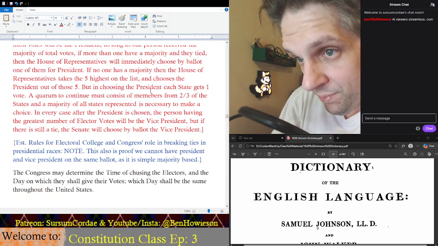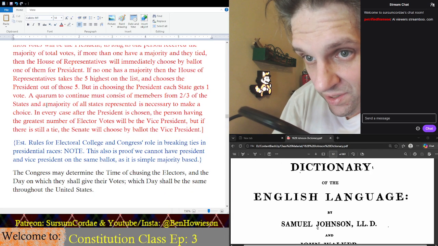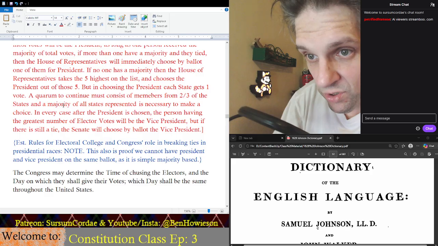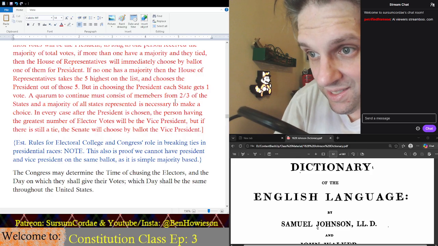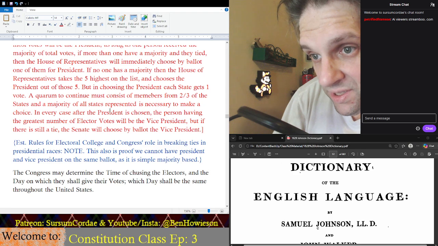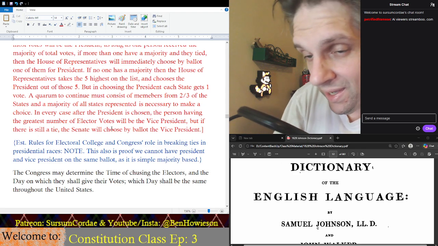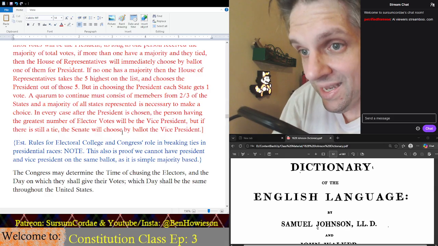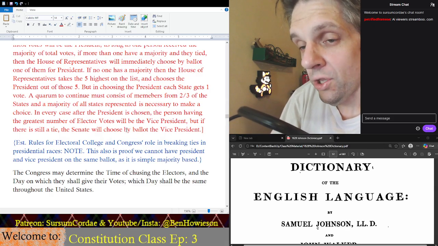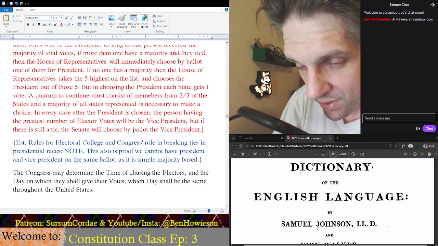But in choosing the president, each state gets one vote. A quorum to continue must consist of members from 2/3 of the states, and a majority of all states represented is necessary to make a choice. In every case, after the president is chosen, the person having the greatest number of elector votes will be vice president.